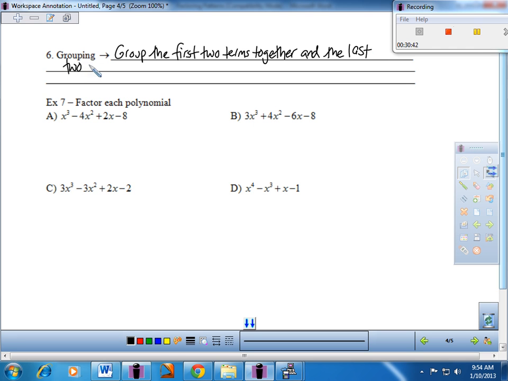So write that in there for me. Two terms together, all right? And then this is going to be a little vague, but you'll see it in action momentarily. And then very simply, treat it as a greatest common factor. That's what GCF will be, as a greatest common factor problem.